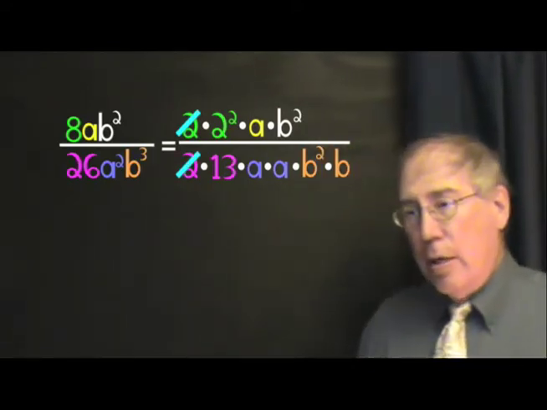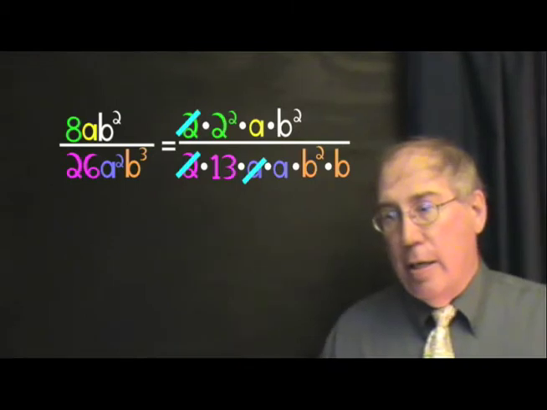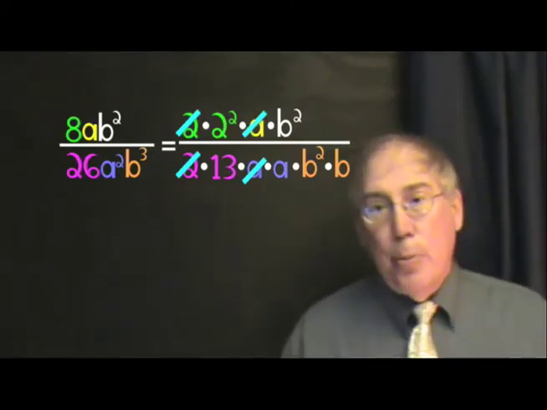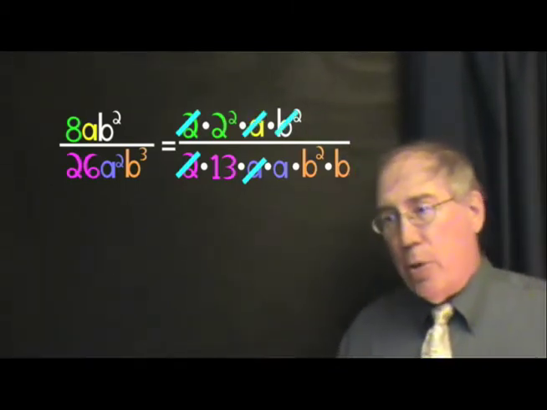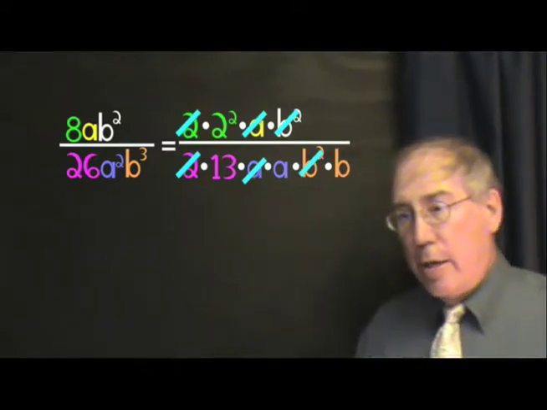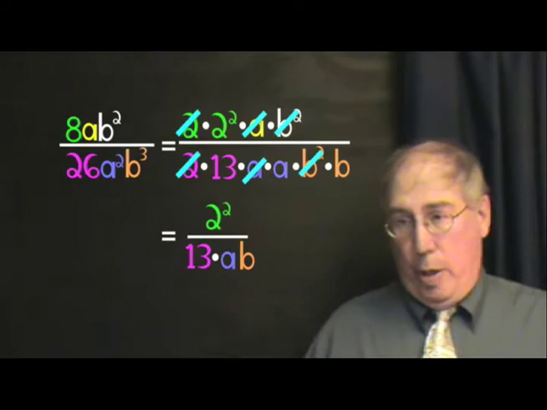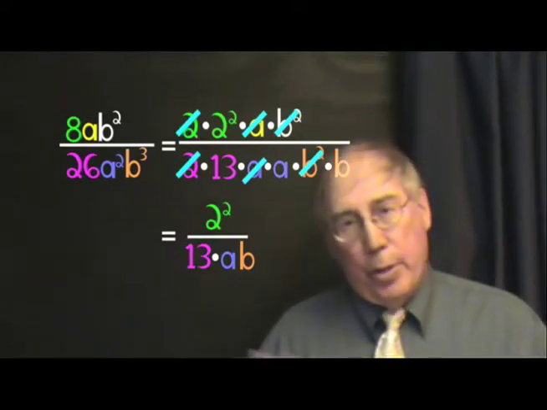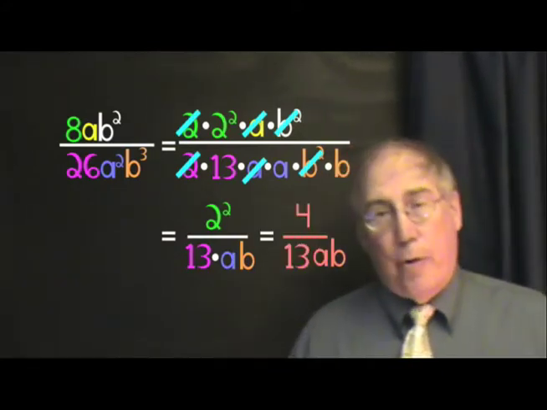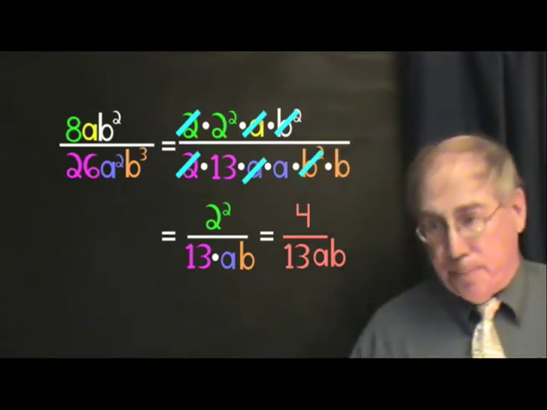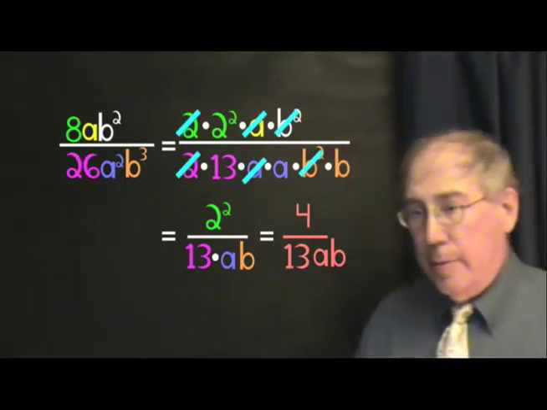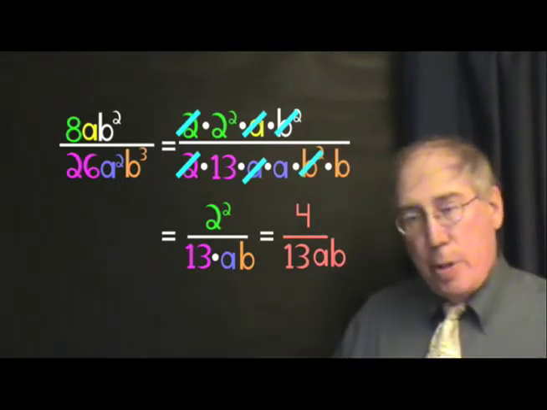And we can also cancel an a from the denominator and an a from the numerator, and then a b squared from the numerator and a b squared from the denominator, and then we get 2 squared over 13ab, which is just 4 over 13ab. So we're simplifying algebraic fractions here.